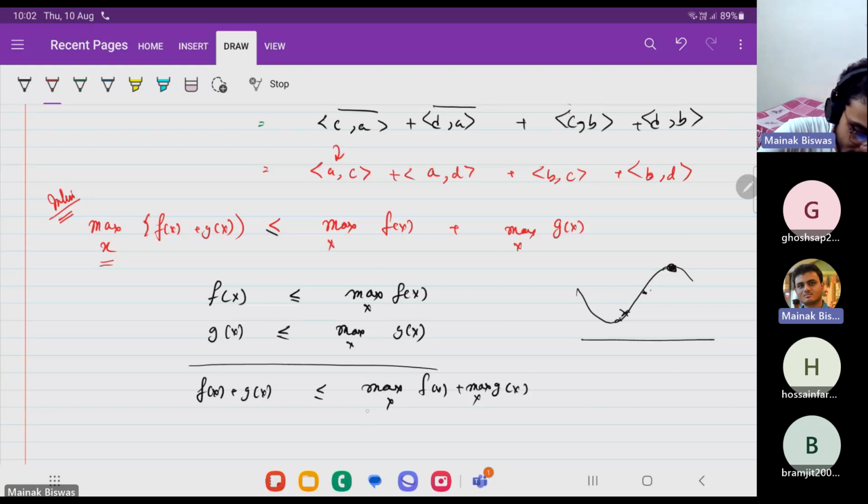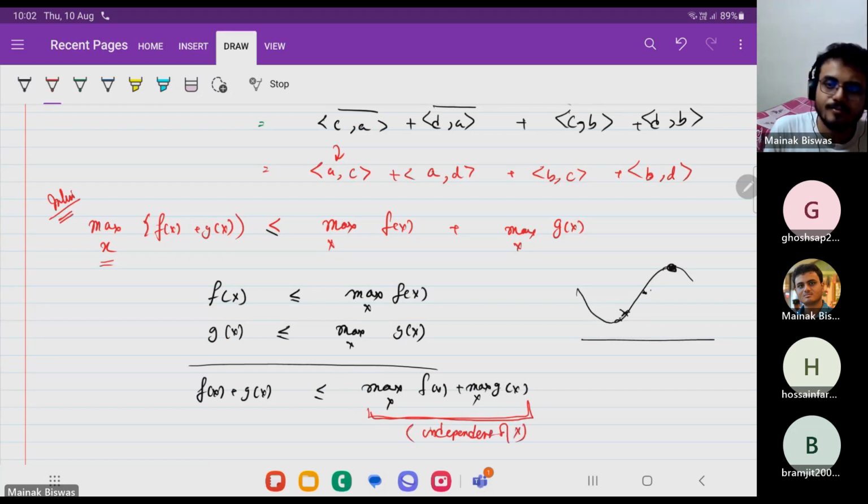Do you agree that the right side is independent of x? It is true for all values of x. Because if you're maxing out a function, you're marginalizing, taking the max value. Max is a single number. Max of a function is a constant.